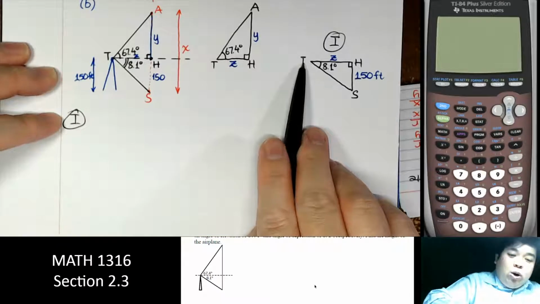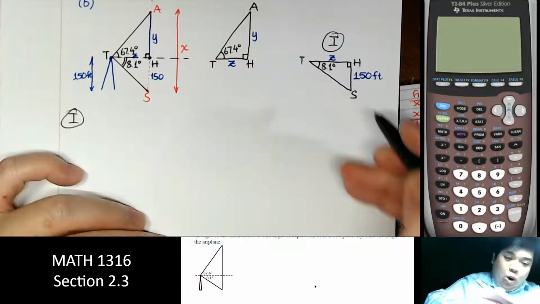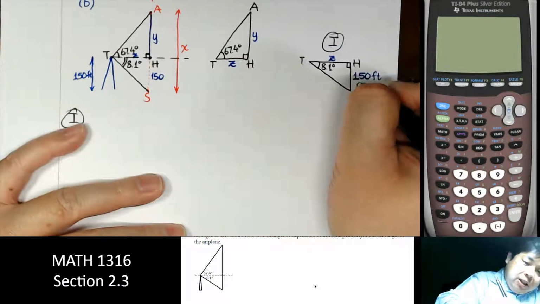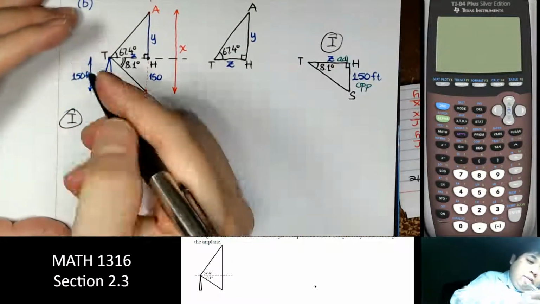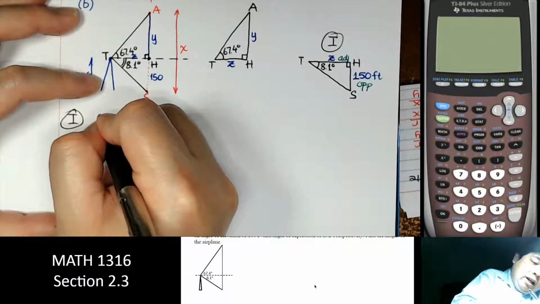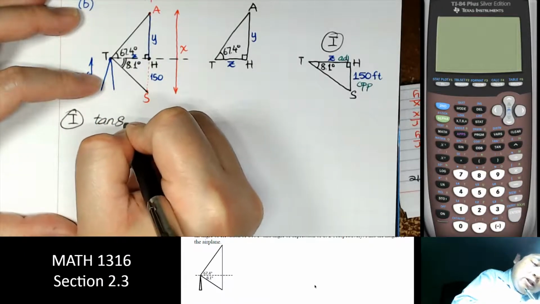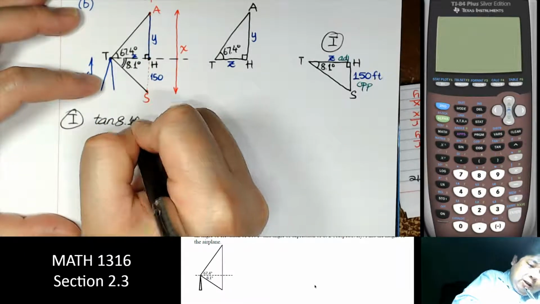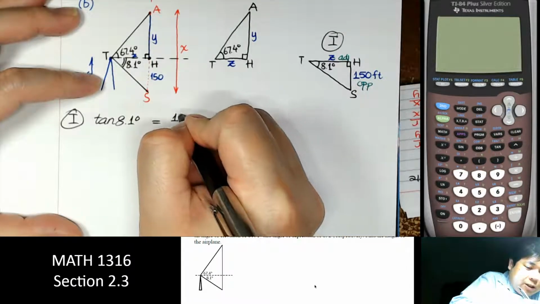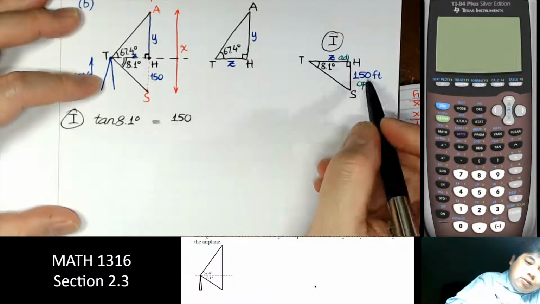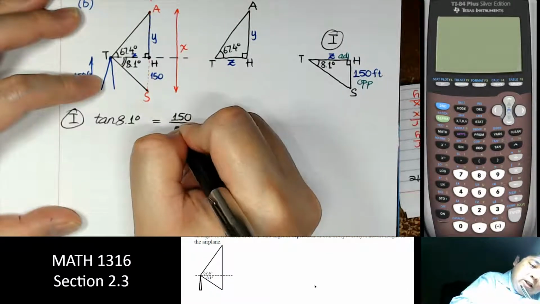Now with respect to angle T, we have 150 is opposite, the Z is adjacent. So tangent of 8.1 degrees is equal to opposite over adjacent.